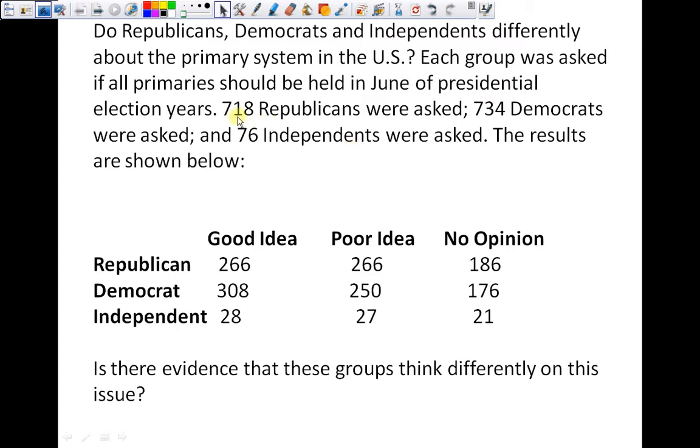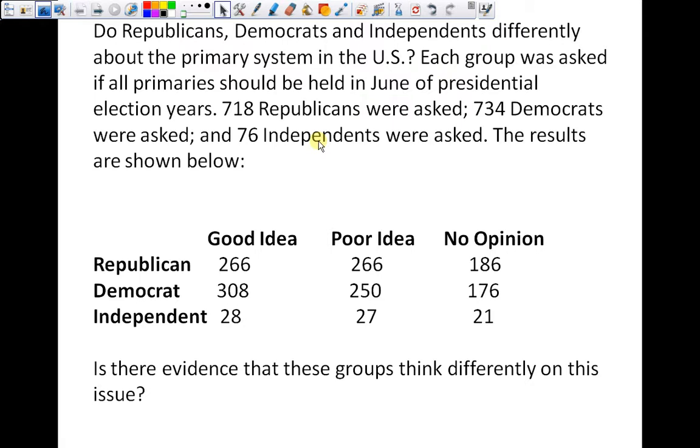So that sounds like we're taking 718 people from the Republicans group. So we're sampling from the groups independently first. Okay, so if you're sampling from each one of these 3 groups, then you're looking at a test of homogeneity.